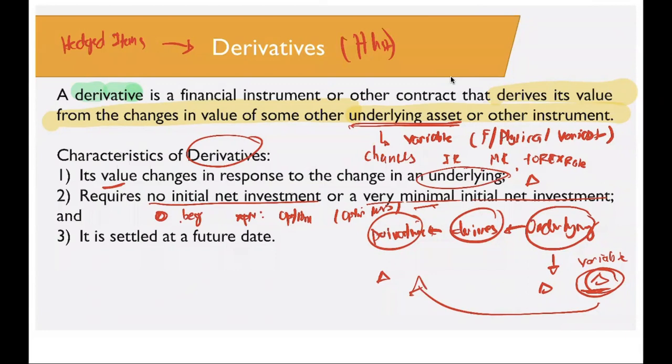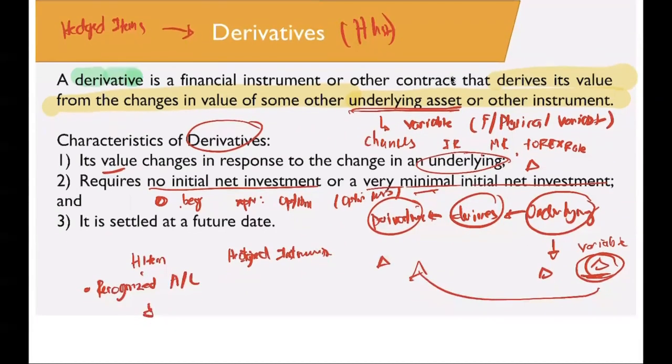So take note, we have here your hedged item and hedging instrument. What is your hedged item again? Sabi natin, isa lang i-discuss nating hedged item. That is your recognized asset or liability. Ano uli yung recognized asset or liability? Saan nanggaling yan?